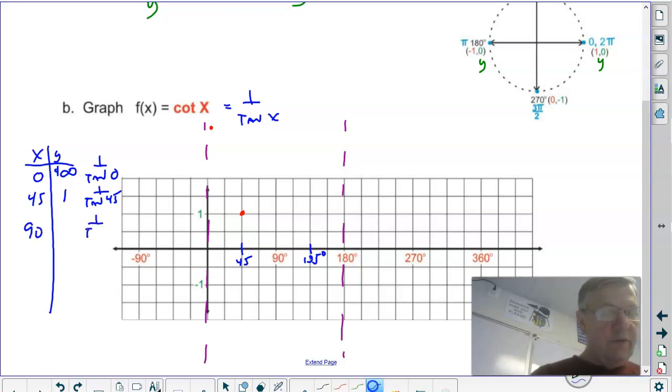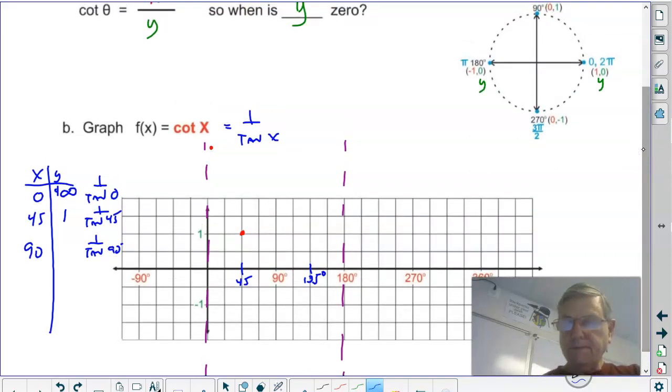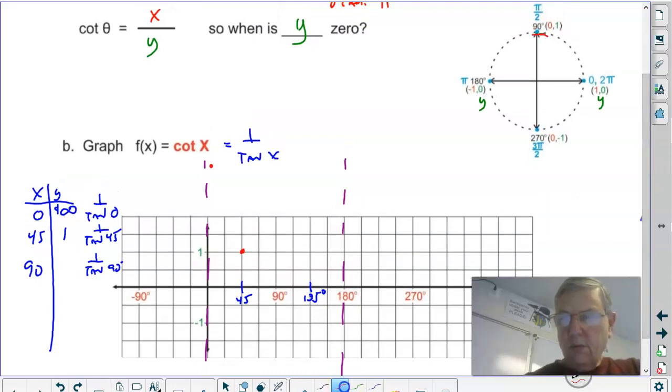Okay, now we're doing 90. So again, it's 1 over the tangent of 90 degrees. Tangent of 90 is error, and this one we have to figure out a different way. Let's go back to our radial view here. So 90 degrees, let's go to x and y.